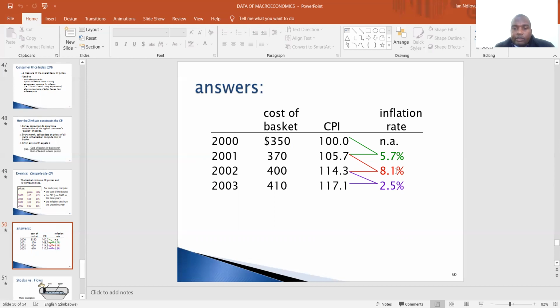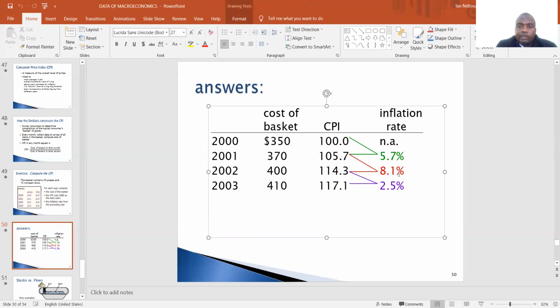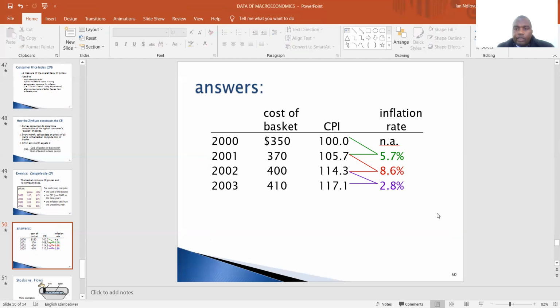That's what I'm getting, so that would be corrected, 8.6. And then 117.1 minus 114.3, we get 2.8.